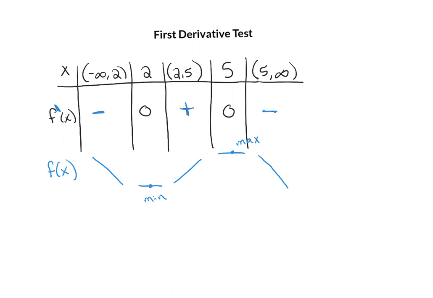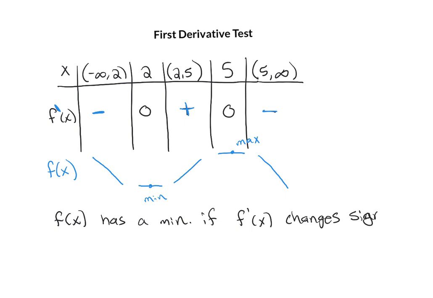So two statements we're going to write. The first one: f of x has a minimum point if f prime of x changes signs. A minimum is when it's changing from a negative to a positive.